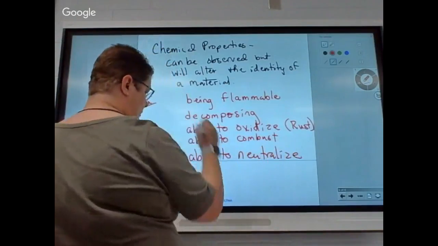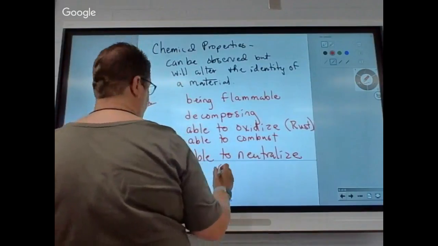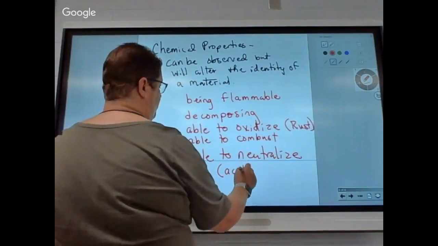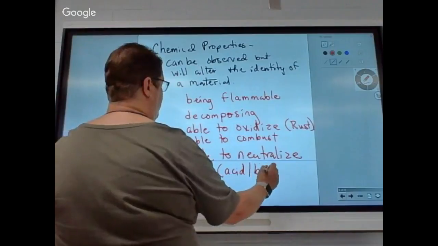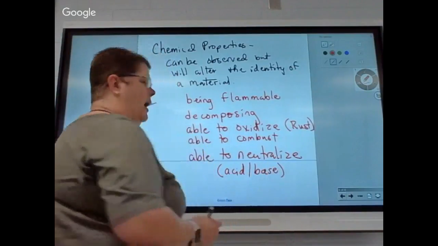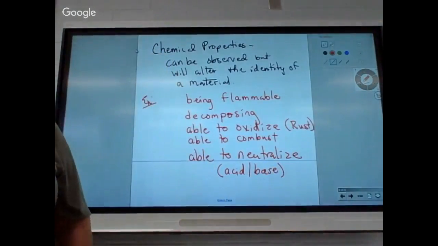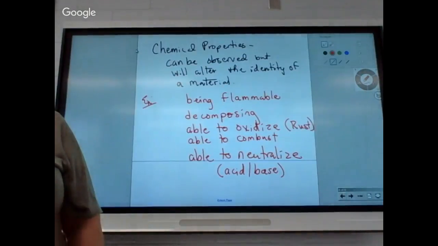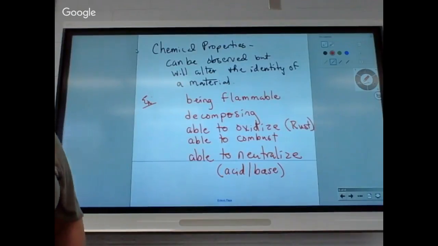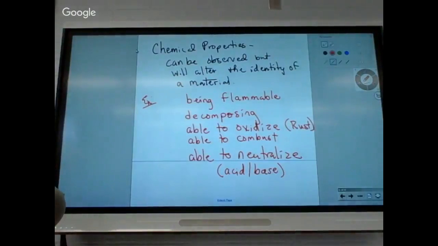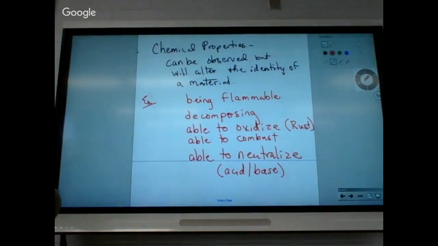By neutralize, I'm thinking acid base. For example, any of you, hopefully not at your age, have to take any type of acid reflux medicine, Tums, anything like that. Yeah, I got Karina nodding at me back there. Mostly, I would hope it would be your parents who would have to take any type of acid reflux or heartburn medicine, but that would also work there. But those would be examples of things that would be chemical property type words.